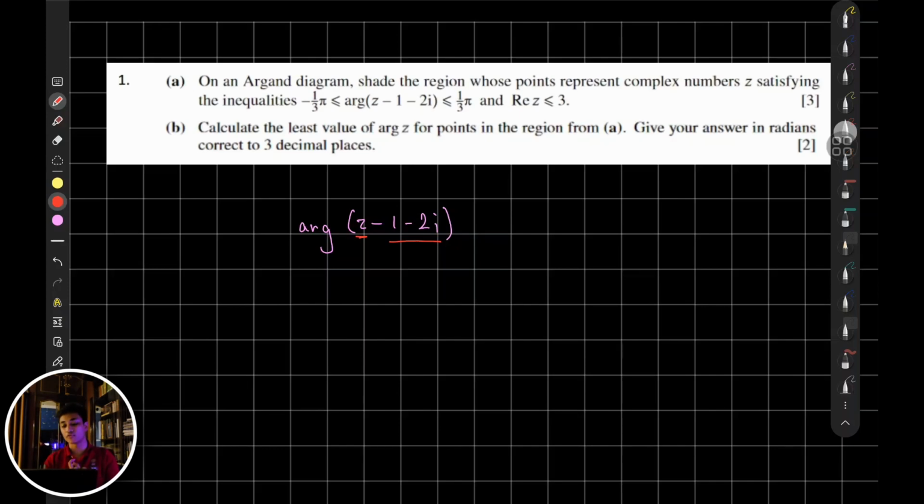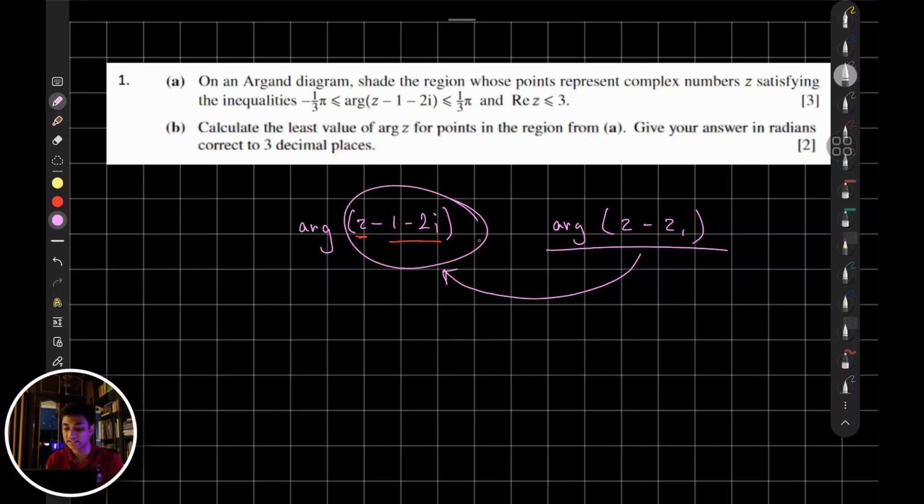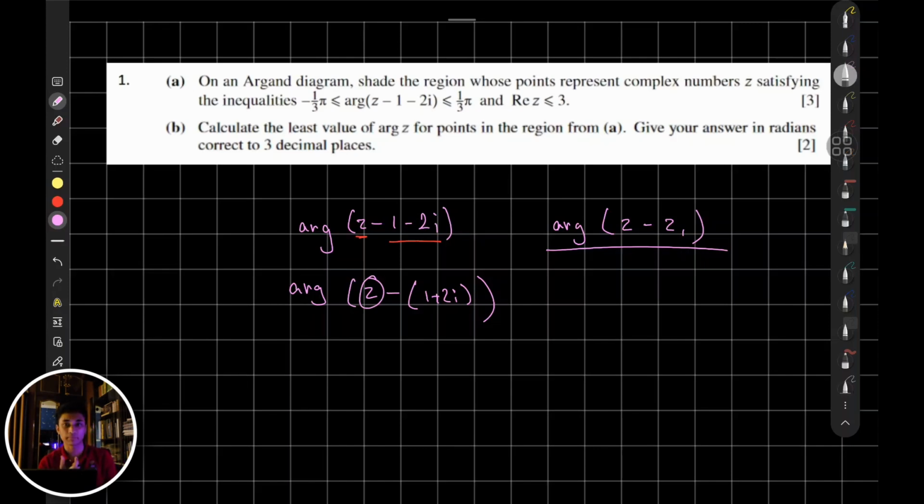But the point over here is whenever they include two complex numbers inside an argument, it is argument of z minus z1. This is actually what they are trying to represent. What does argument z minus z1 mean? If we represent this, we get argument of z minus 1 plus 2i, where z is an unknown complex number.